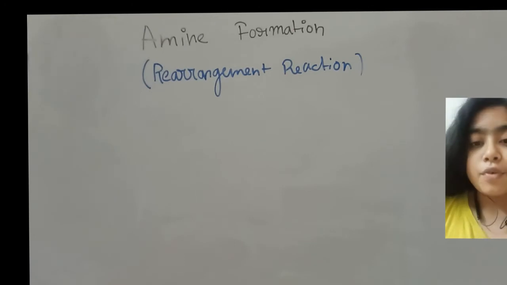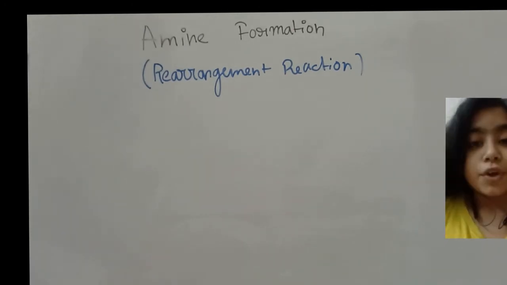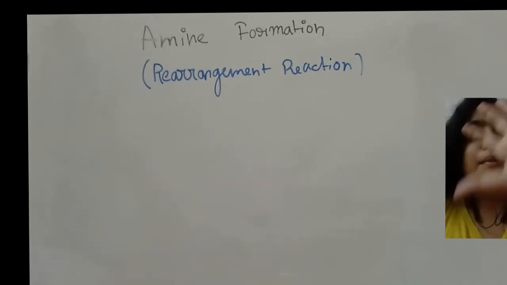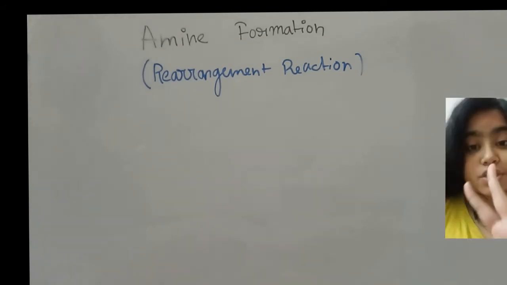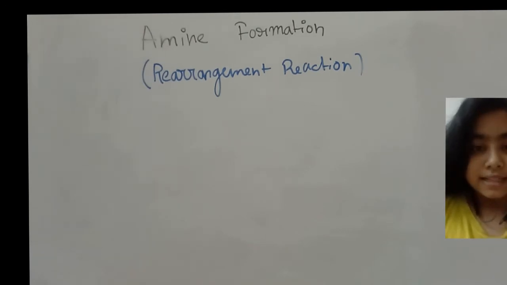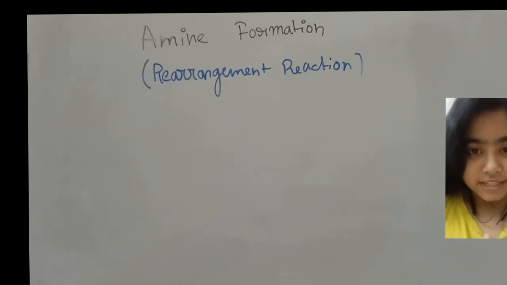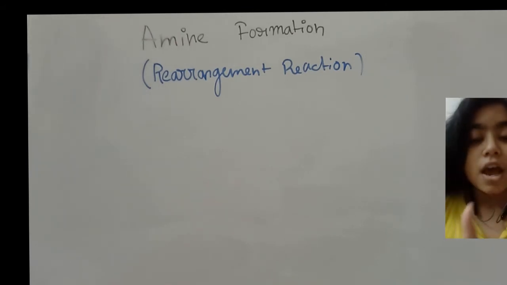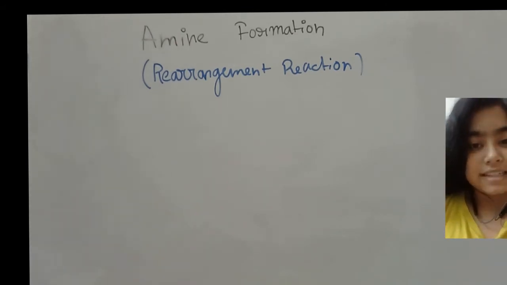In these four rearrangement reactions, we will first summarize them in four parts: what is the starting material, what is the reagent, and what will be the product. Then I will discuss the first rearrangement, the Hofmann rearrangement reaction.